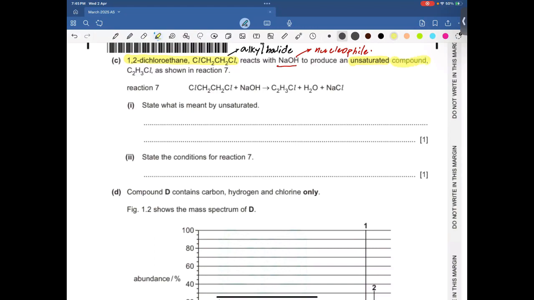Unsaturated compounds are those which contain a double bond between the carbon atoms. And it's not necessarily a double bond. It could be a triple bond or a double bond. Both are possible. All right.